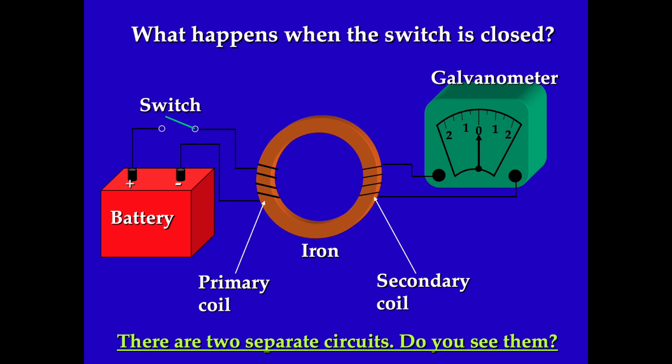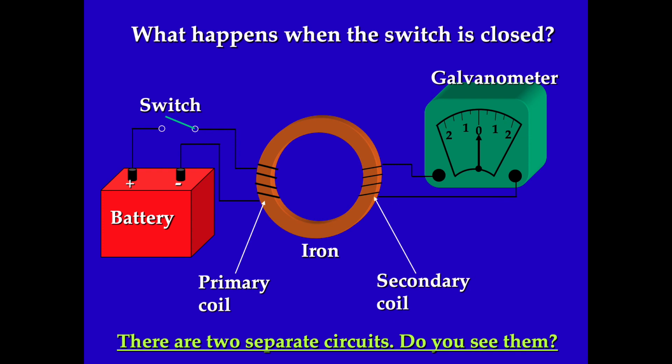The idea of the iron core is to increase the magnetic field because it gets magnetized. And then on the other side, I have a secondary coil connected to a galvanometer. If I flip the switch, in the act of flipping the switch, I'm going to have a time-dependent magnetic field because I'm going to have a time-dependent current.